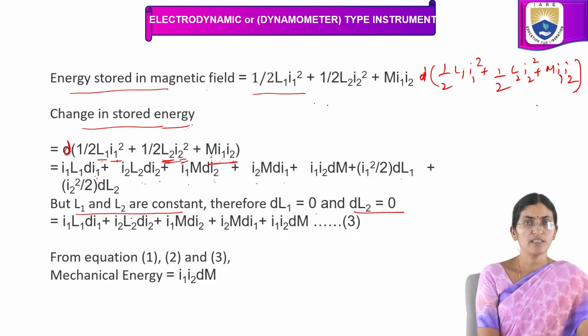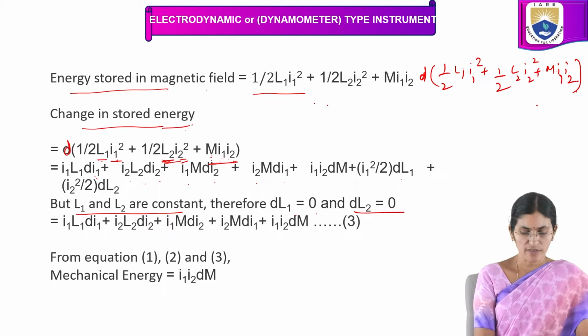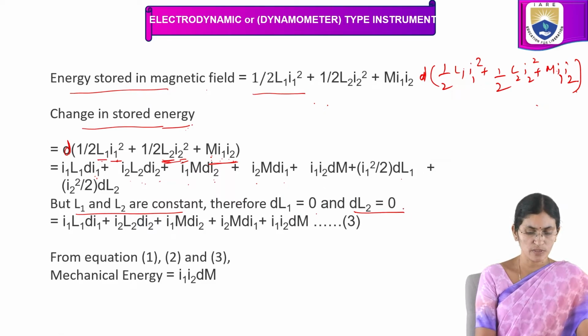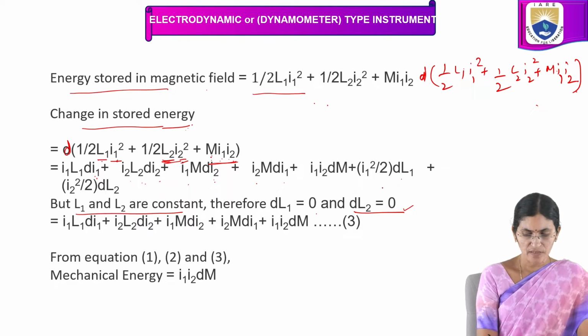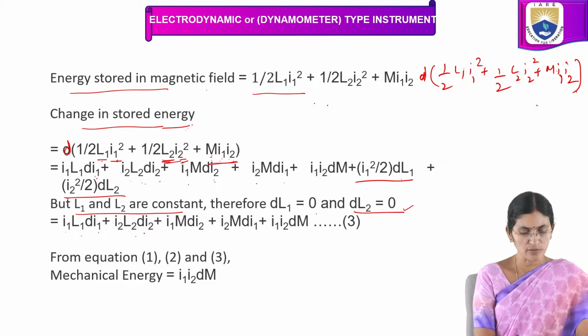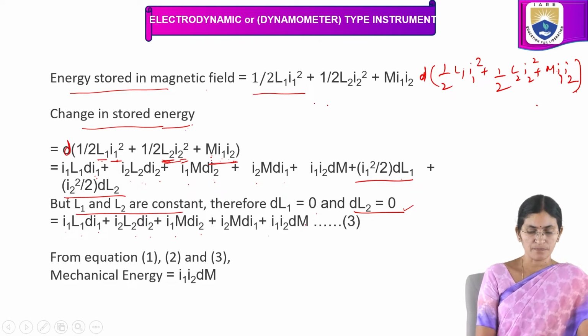Here we know that L1 and L2 are constants, therefore dL1 is equal to 0 and dL2 is also equal to 0. So the dL1 and dL2 terms will be 0, and the remaining terms remain as they are: I1 L1 dI1 plus I2 L2 dI2 plus I1 M into dI2 plus I2 M into dI1 plus I1 I2 into dM.